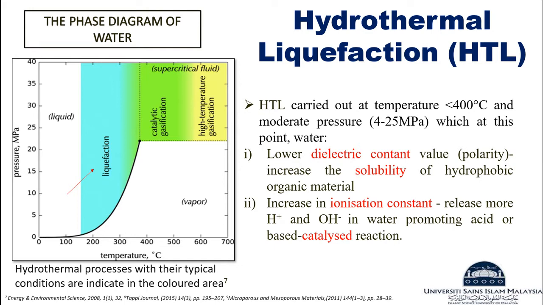The second point is the increase in ionization constant, which promotes the release of hydrogen and hydroxide ions, so water can act as an acid or base catalyst. For me, combining hydrothermal liquefaction to break down biomass is a great combination, as it offers a really reliable, cheap and effective method.